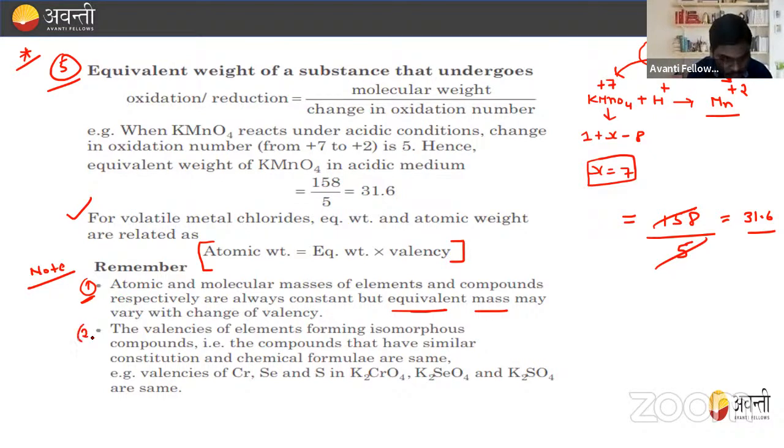Now the second point is the valency of elements forming isomorphous compounds. What is an isomorphous compound, beta? Can anyone tell me? Okay, let me tell you.